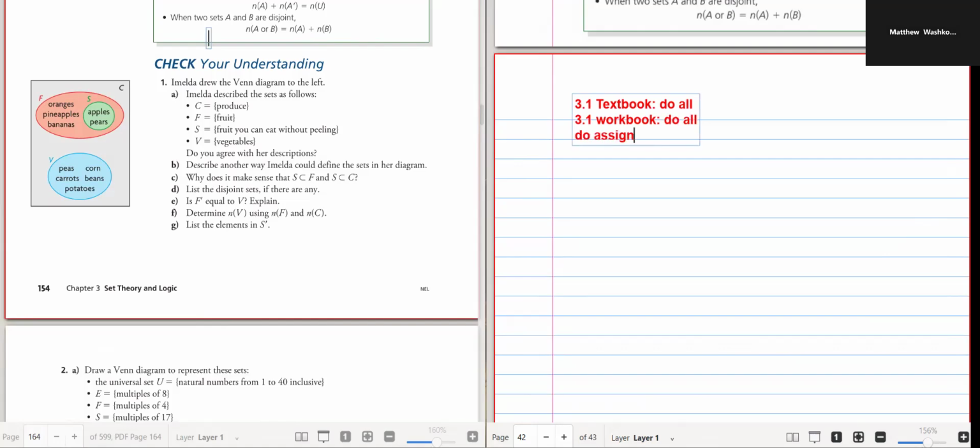Then do the assignment. For this assignment, refer to the details that are going to be below on here. But it's probably going to be a combination of workbook, textbook, plus an additional thing. So I'll let you guys get into that though. Awesome.